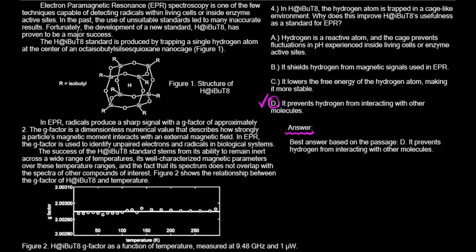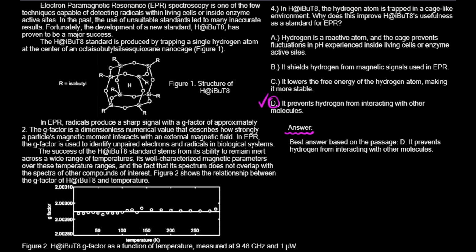Now let's look at why the other options are not correct. A says the cage prevents pH fluctuations. This is not mentioned in the passage, so it acts as a distraction. B says it shields hydrogen from magnetic signals. That would prevent detection, defeating the purpose of EPR.